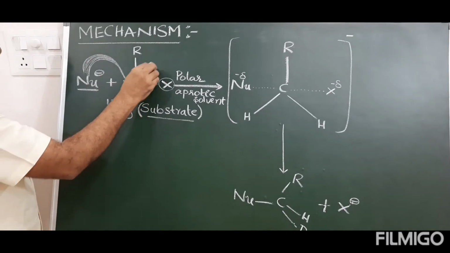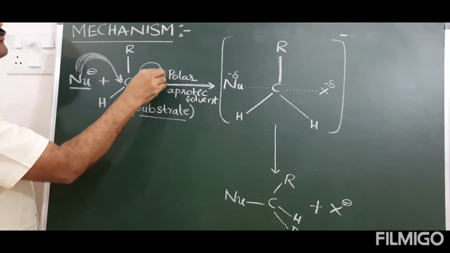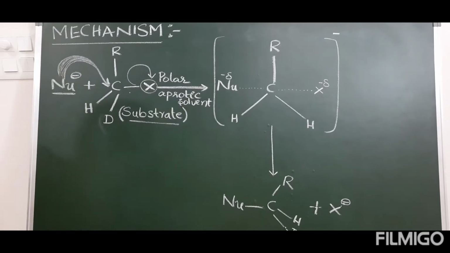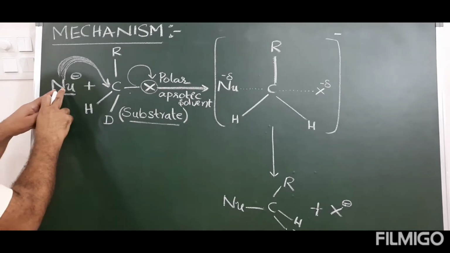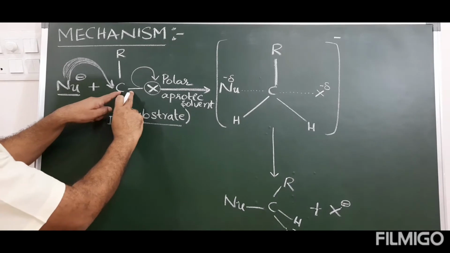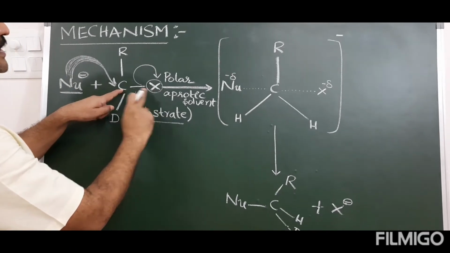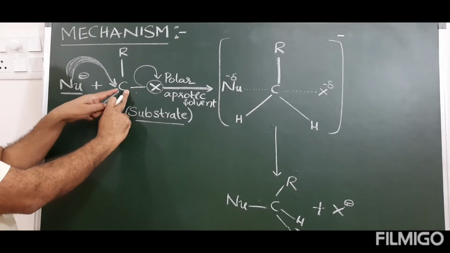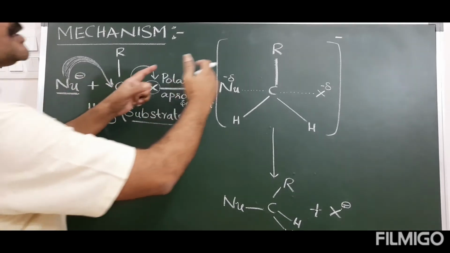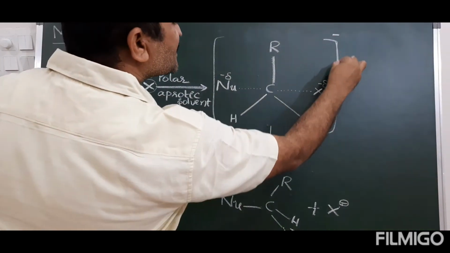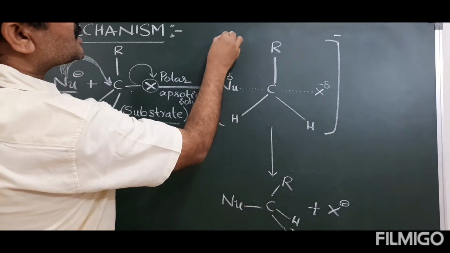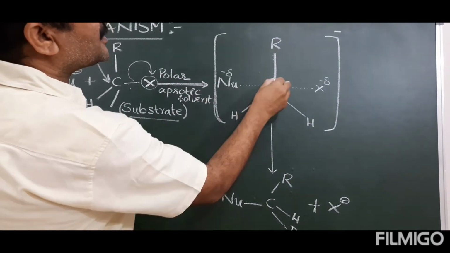In the meanwhile, this X wants to leave as a leaving group. So simultaneously this carbon weakens its bond with X and constructs the bond with the new nucleophile. It leads to the formation of a transition state. In this transition state, carbon is pentavalent.